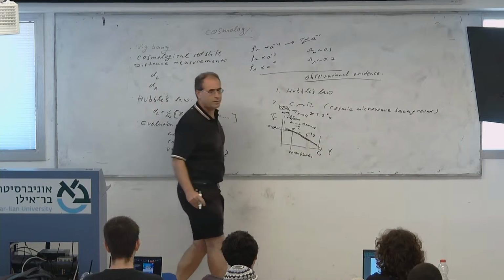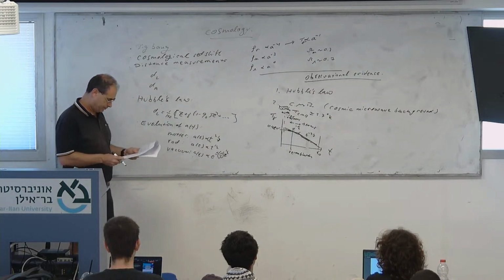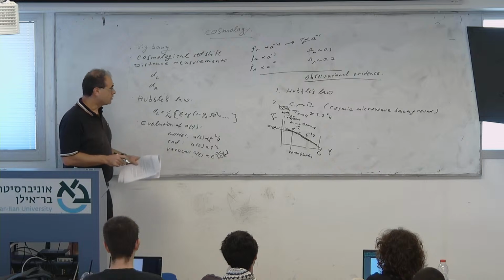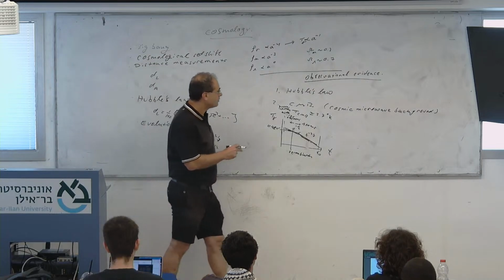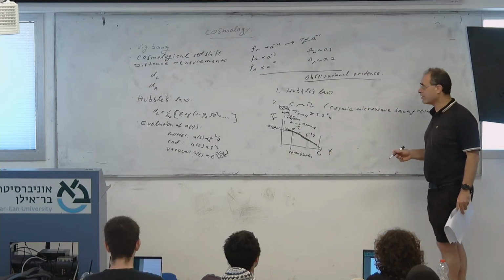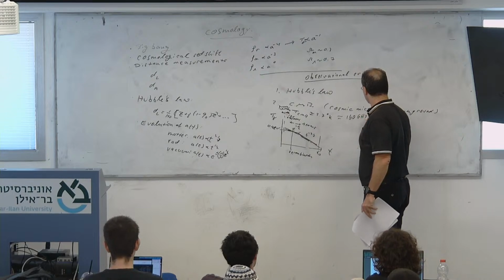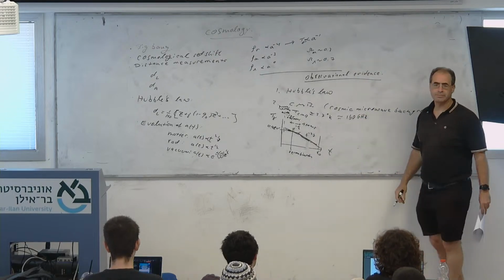I'll calculate it shortly. 2.7 degrees Kelvin corresponds to a frequency of 160 gigahertz, which is the microwave regime.